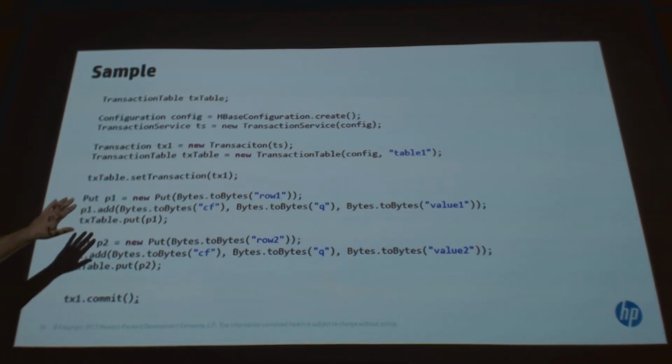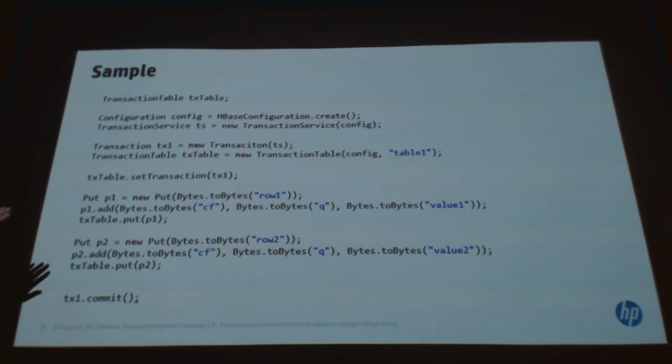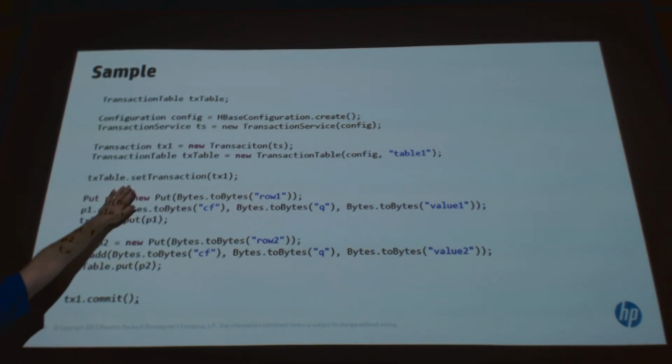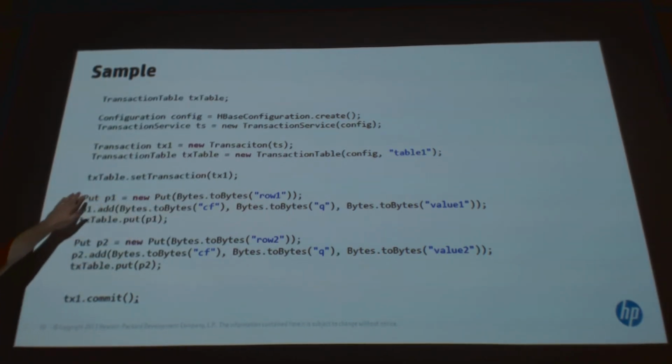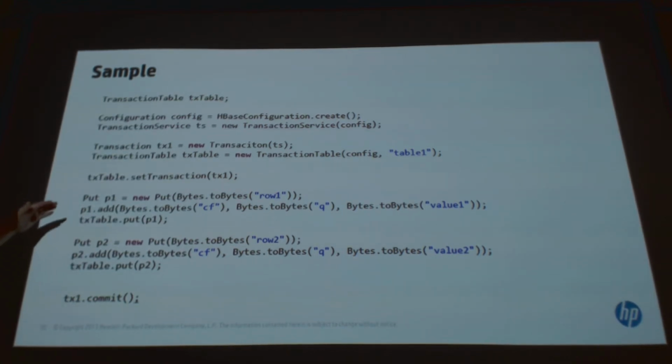This is a very basic application. Obviously, it's missing some stuff, but it's trying to convey how it would really work. So it creates a table reference, and then it's setting a transaction for that table. It does some work, so a couple of puts against the table, and then it decides to commit.